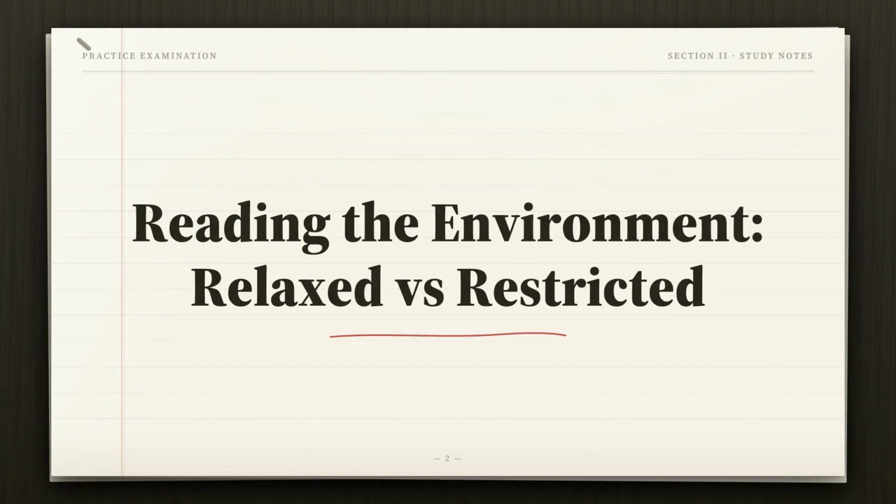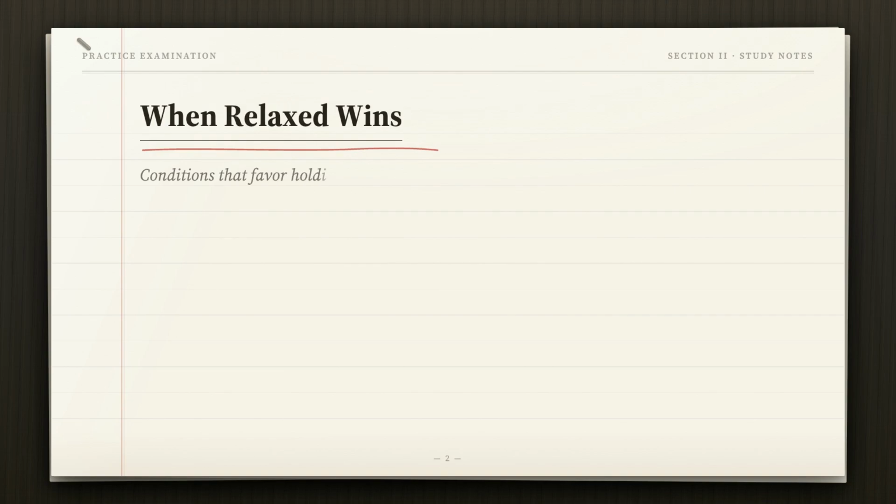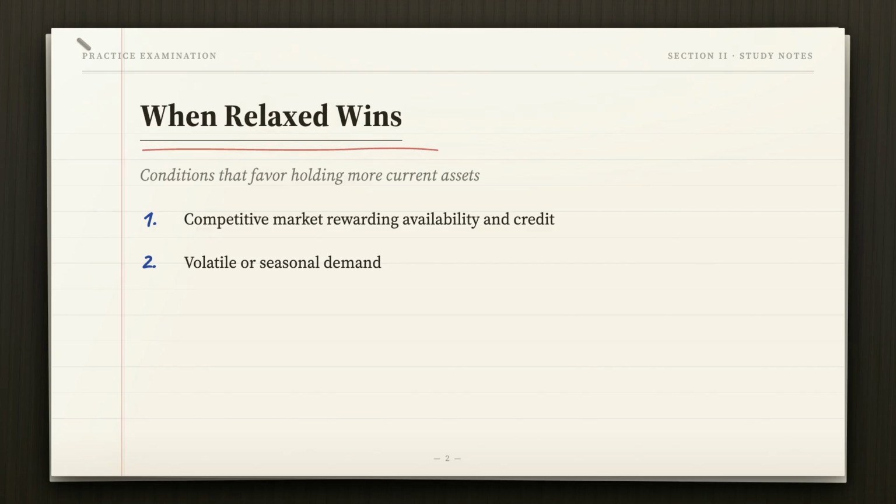Choosing between a leaner and a more generous current asset policy isn't about one being universally right. The correct choice depends entirely on the conditions a company faces. A relaxed policy makes sense when running out of stock or refusing credit costs more than the return given up.